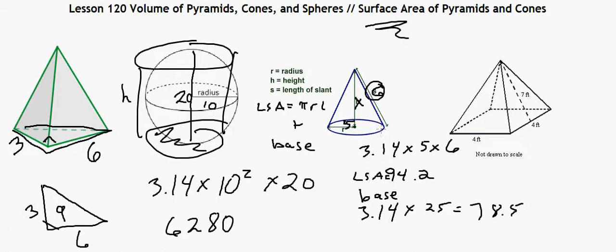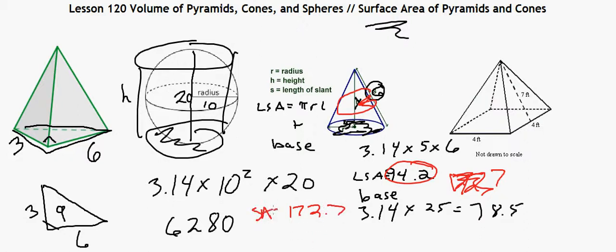So take the area, 78.5, plus the LSA, which is 94.2. That's 172.7. 172.7 is the total surface area of this right circular cone.